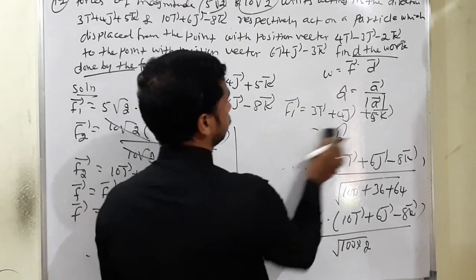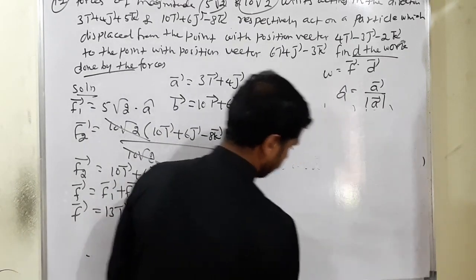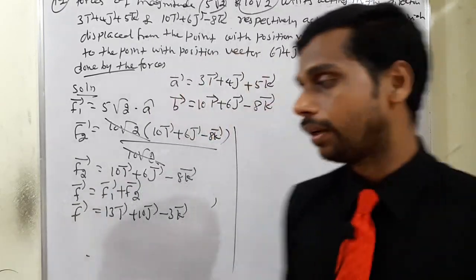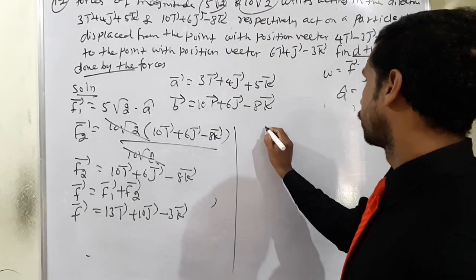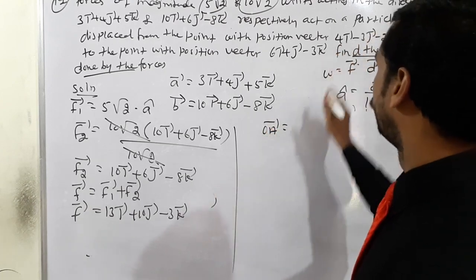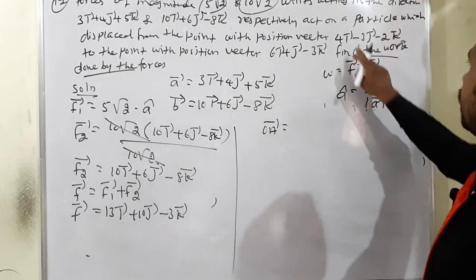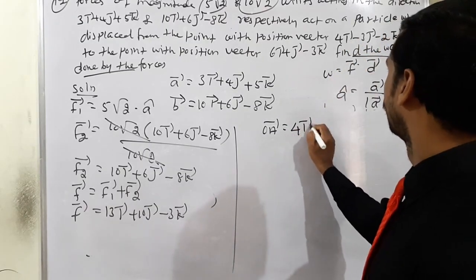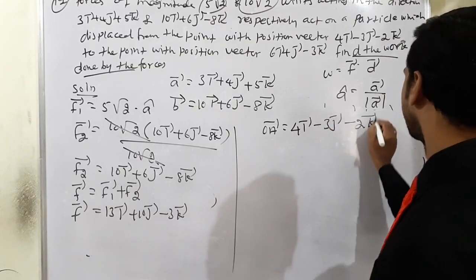Moving to displacement. What is the meaning? From the starting point to the ending point. First we take the OA vector. OA vector is equal to 4i vector minus 3j vector minus 2k vector.